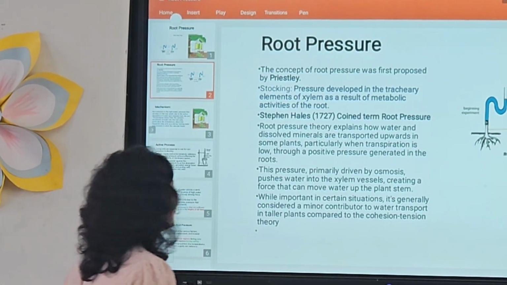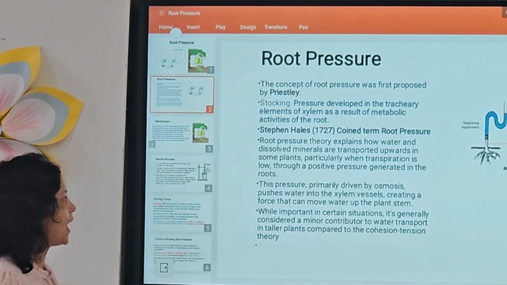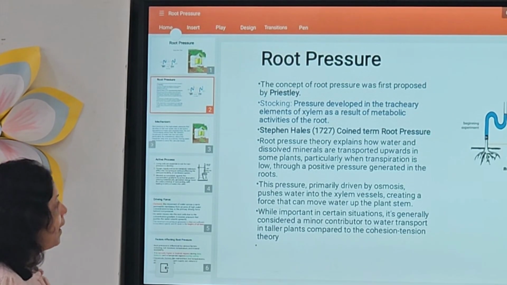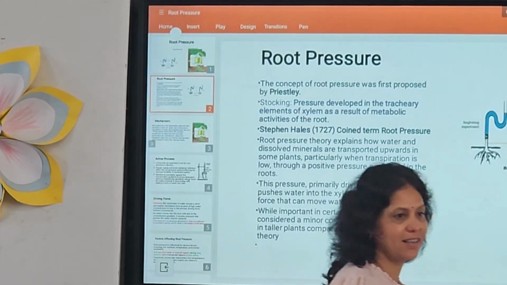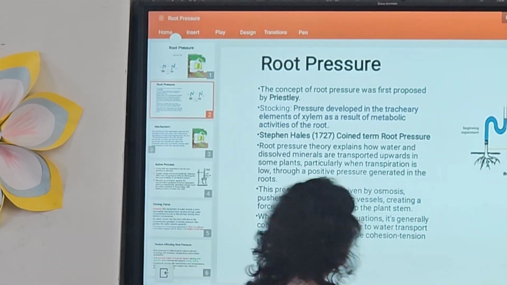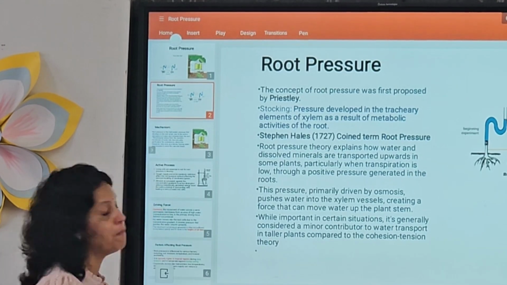As I explained to you earlier, root pressure is an active process, meaning it requires some energy for the transport of the ions from lower concentration to higher concentration along with the water, and this energy is provided by the metabolic activities occurring inside the root.